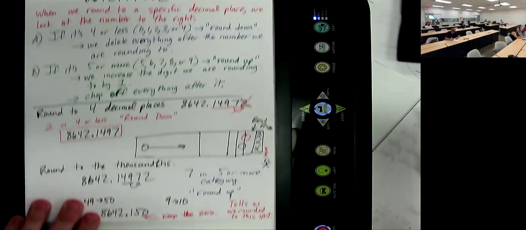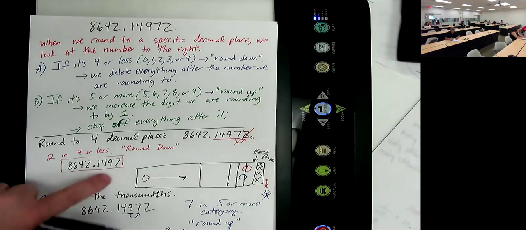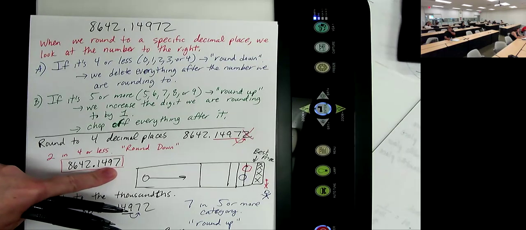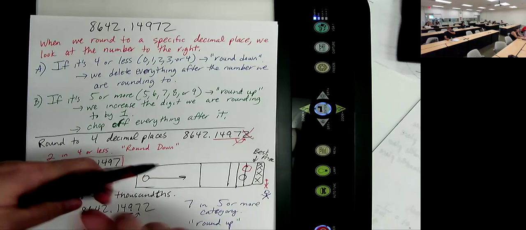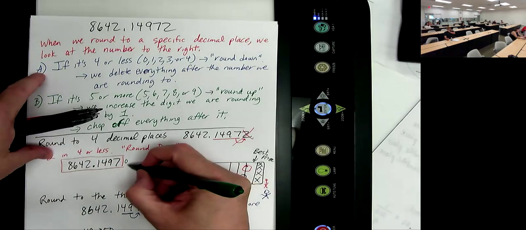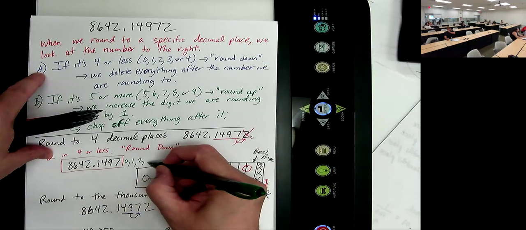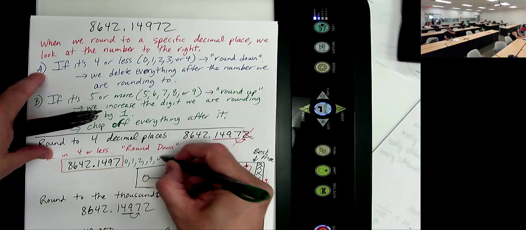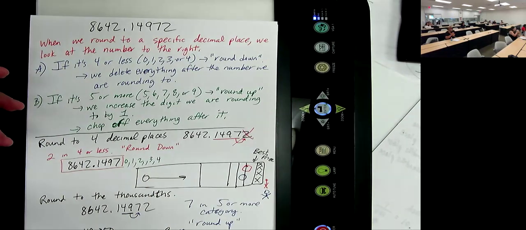When we rounded here and we got a 7, I could have had a 0 here, a 1, a 2, a 3, or a 4, and they don't know. In some cases, they might want to know.